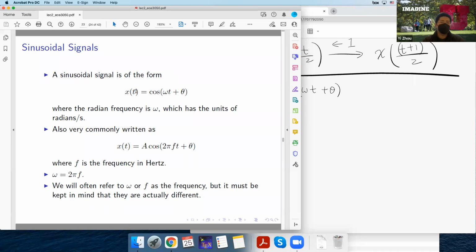Well, this t is the time variable, and we call this omega the angular frequency or the radian frequency. Theta is called the phase component of this signal.